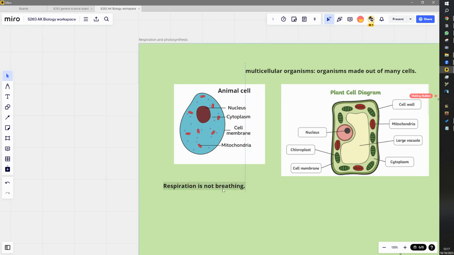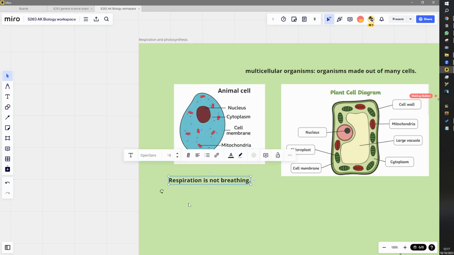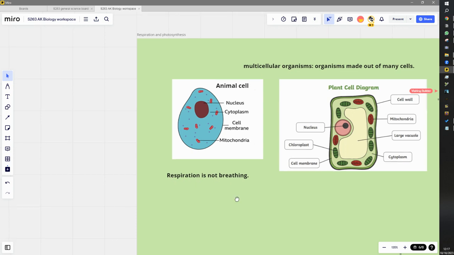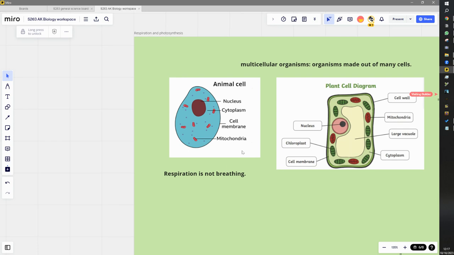It's a bit confusing because the breathing system, the organs in your body that enable you to breathe, is called the respiratory system, which is why it would cause confusion. I think, in fact, respirating might actually be a word for breathing. I'm not sure about that, but there is some crossover. But if I say the word respiration, I'm not talking about breathing. So let's learn what I am talking about.